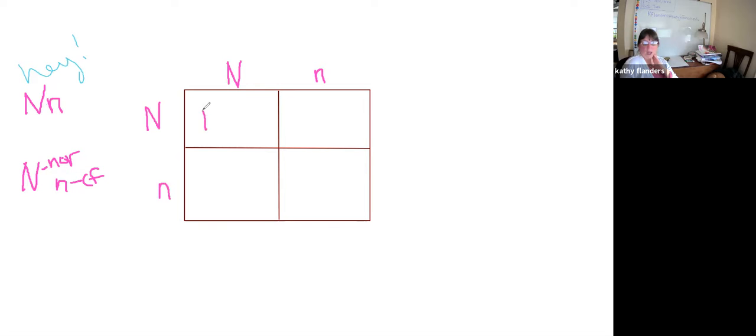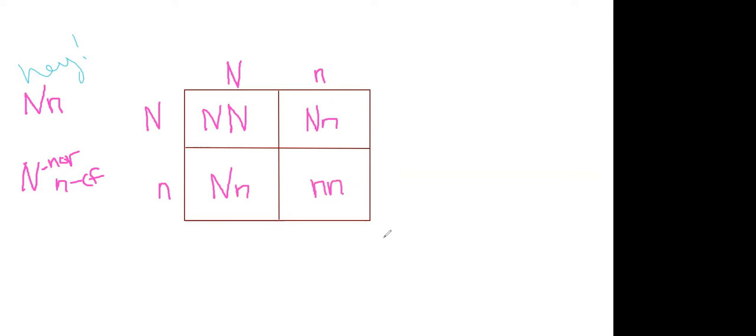And so we end up with, how many carriers do we have of cystic fibrosis? 1, 2. So 2 carriers and 1 with cystic fibrosis. Right.